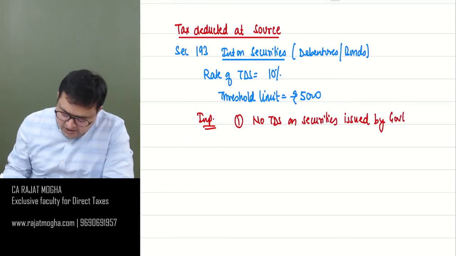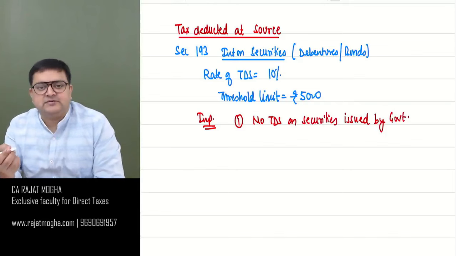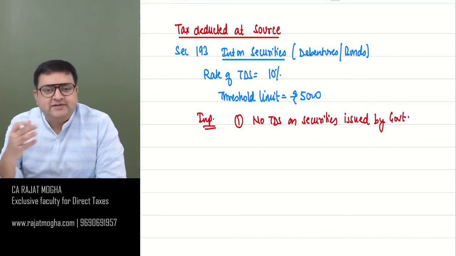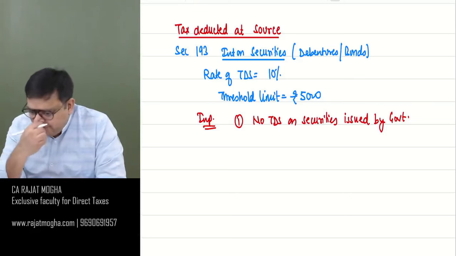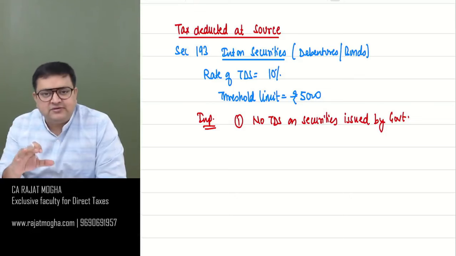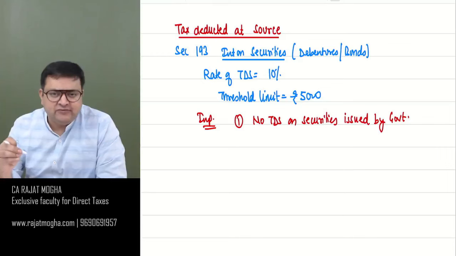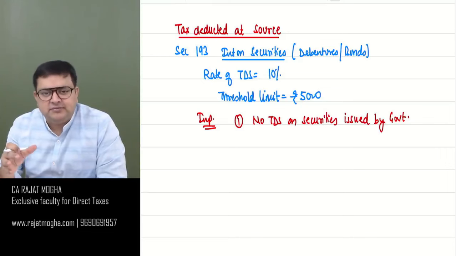If you have purchased any government securities, let's say government has issued certain bonds, the interest is taxable, but TDS will not apply. They will not deduct TDS. They are giving you an incentive: please purchase our bonds, we will not deduct TDS on this.